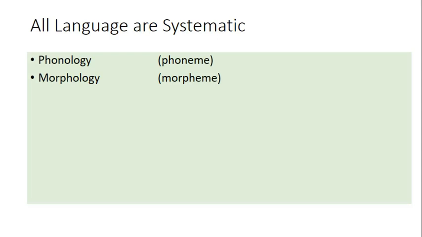So settle, you add the morpheme ing to the end. Settling, it has a different meaning. Then you add the morpheme un to the beginning, unsettling. So affixes, such as prefixes and suffixes, are morphemes, and so we can look at the different morphemes in a system, the way that morphemes can form different tenses.